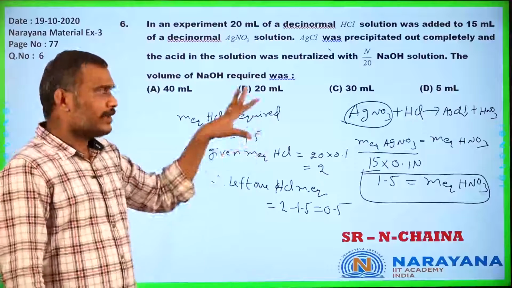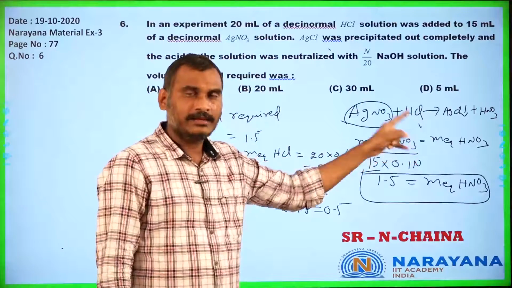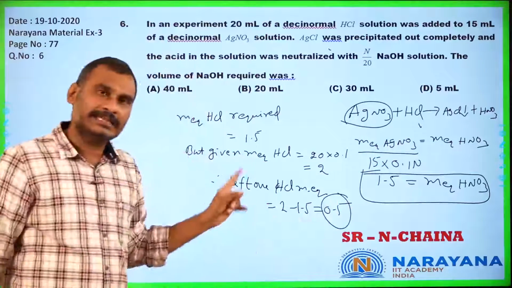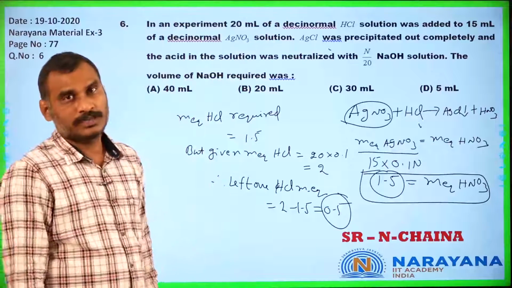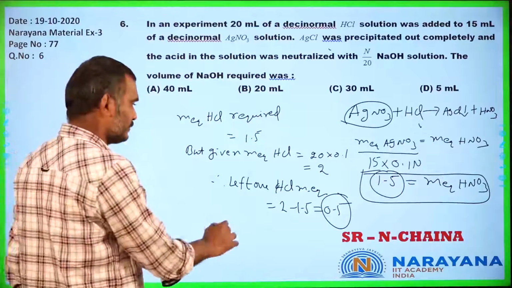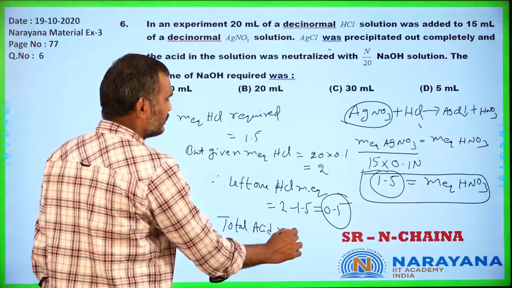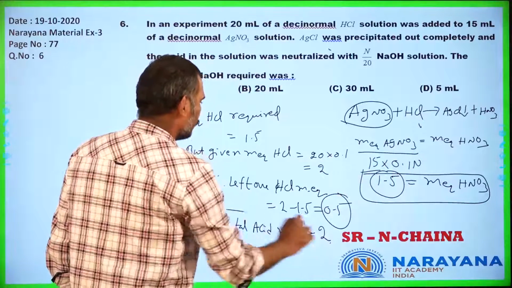So after reaction of silver nitrate with HCl, there are two types of acids: 0.5 milli equivalents of HCl and 1.5 milli equivalents of HNO3. So the total acid milli equivalents is 0.5 plus 1.5, that is equal to 2.